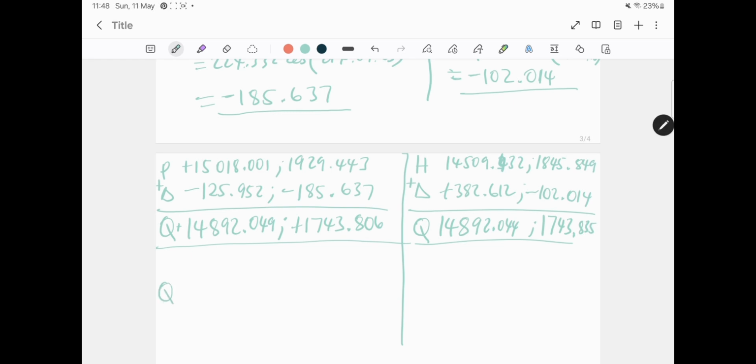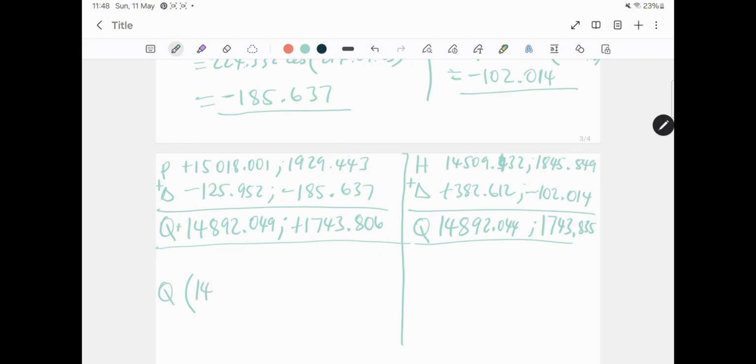So our Q will be just this. For the Y, it's going to be this 14,892,049 plus 14,892,044 divided by 2. So we're just finally finding the average: 14,892,049 plus 14,892,044 over 2.